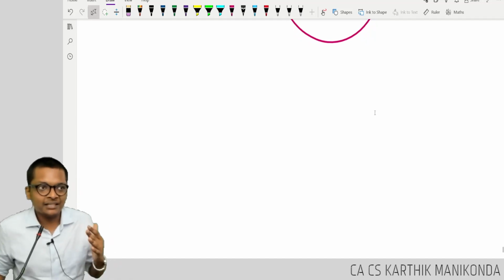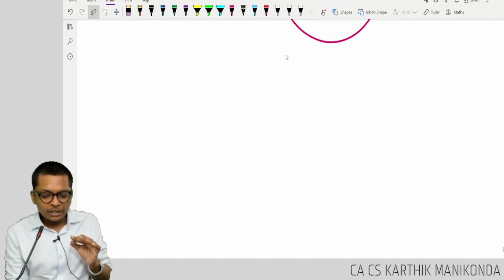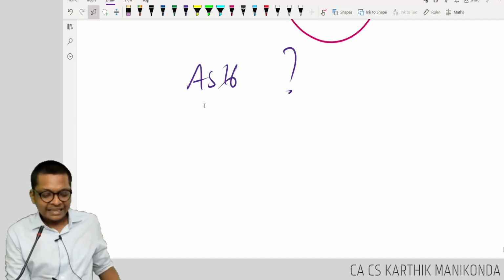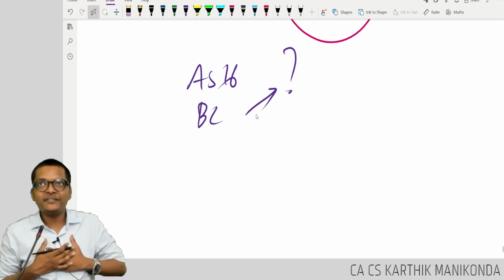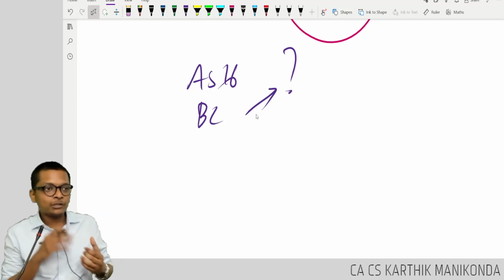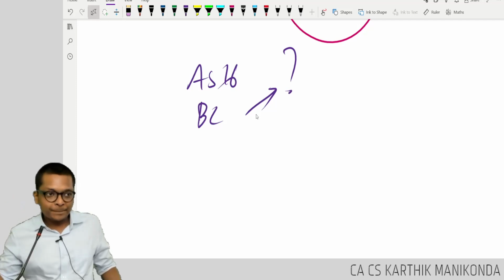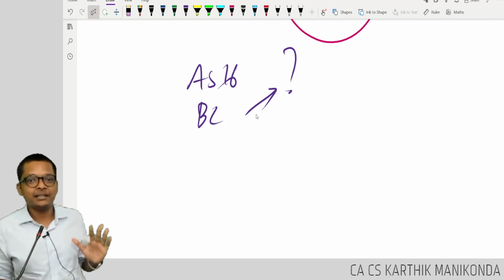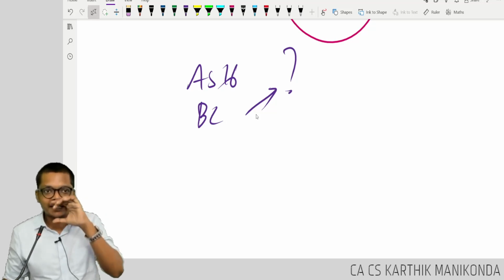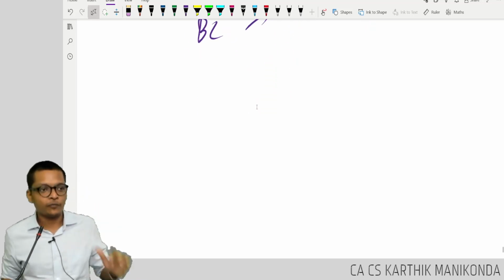Now, what is the standard saying? The standard's only question is, can I capitalize borrowing cost? Because usually we know borrowing cost will be taken to the debit of P&L. Can I capitalize? Yes or no is what the standard tells. If you can capitalize, by how much will I capitalize? Are you following, guys?